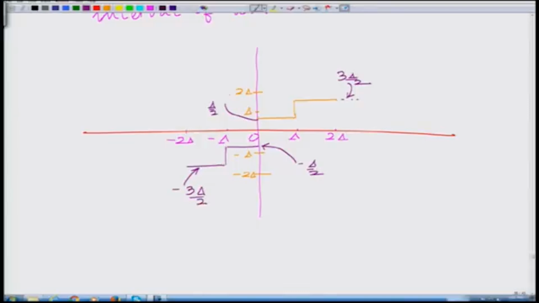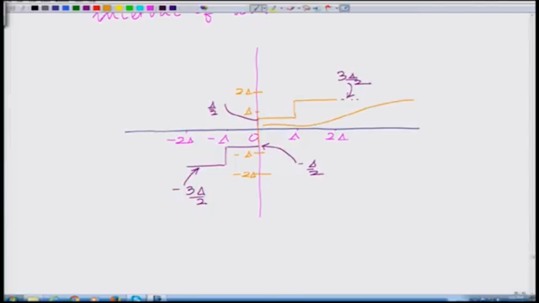Naturally you can see that in the middle, that is at 0, we have the quantizer characteristic which is rising at 0.